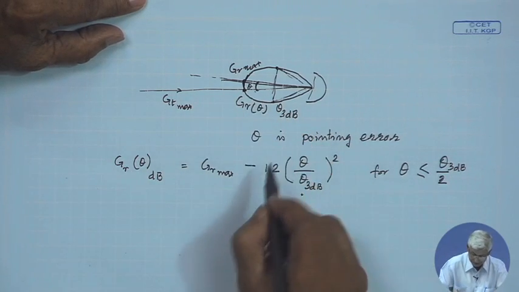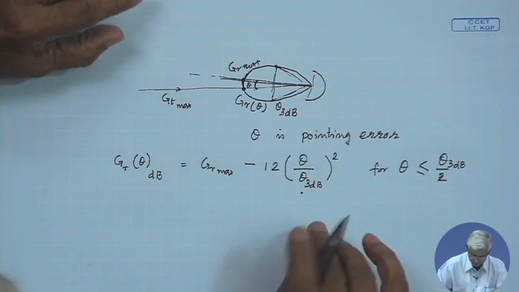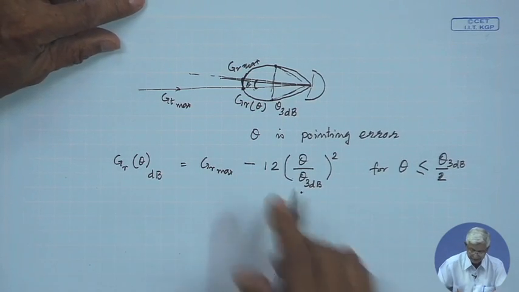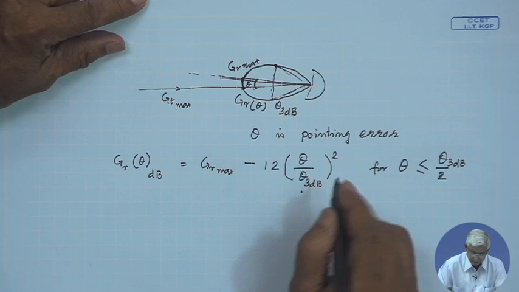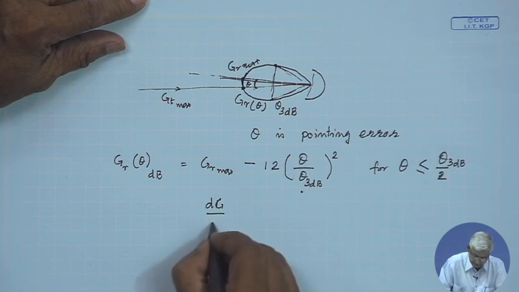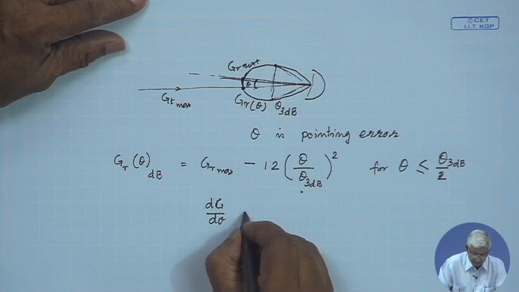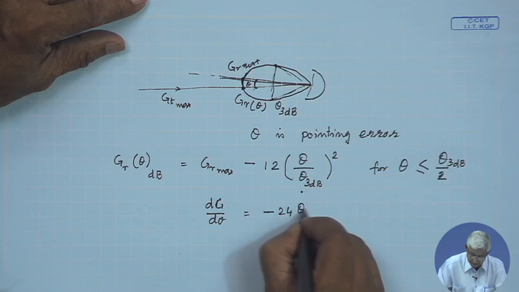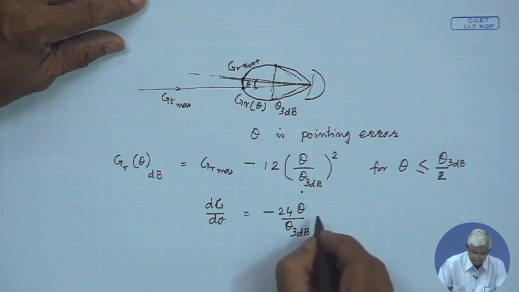For larger angle it may not be. This is just a model. All antennas are not ideally like that, they may have different shapes, but it is just a thumb rule. So, the gradient dG by d theta, differentiating that, we can get minus 24 theta by theta 3 dB square.